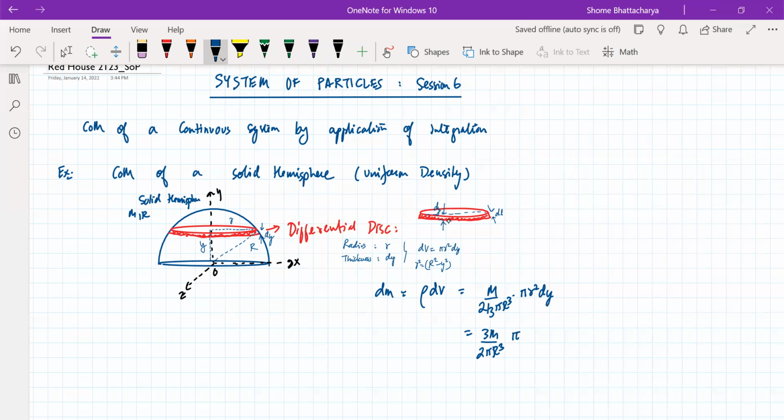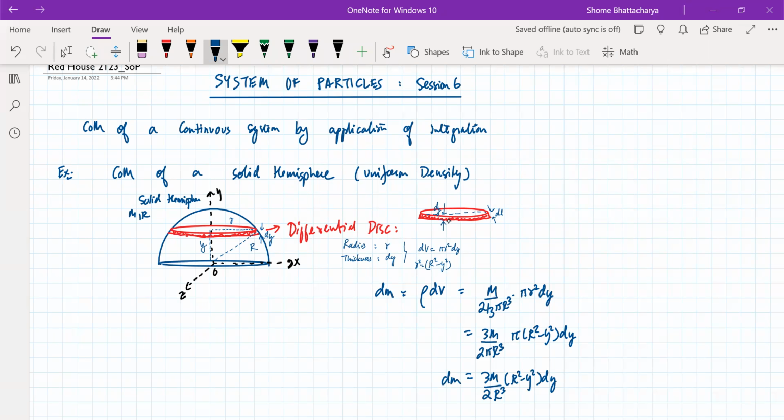We can write like this. This is the mass of that disk.